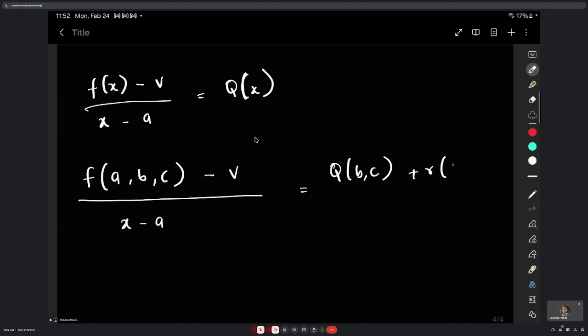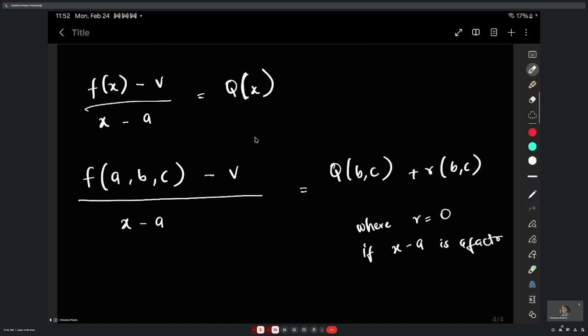R of what? R equals 0 if x minus a is a factor.